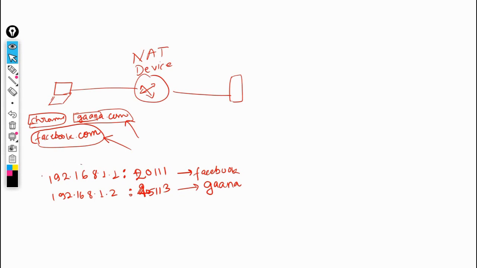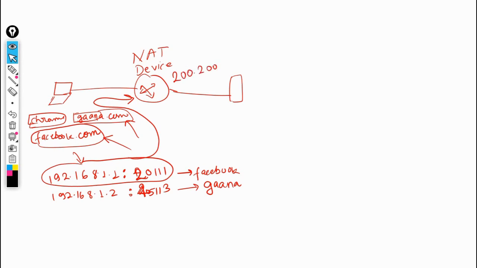So now this request, 192.168.1.1:20111, goes to our NAT device. Obviously, this IP address is our private IP address, and it already has a source port number 20111. As it comes to the NAT device, it will translate it to a public IP address.